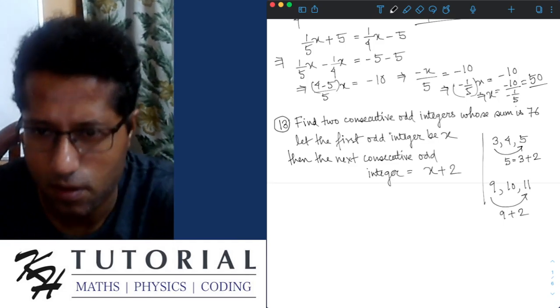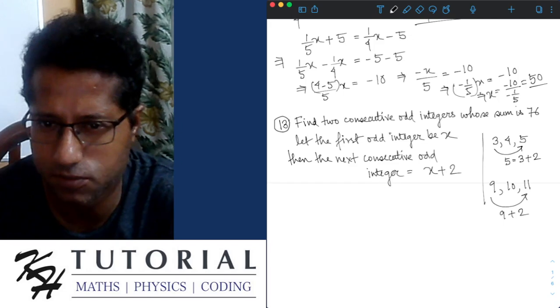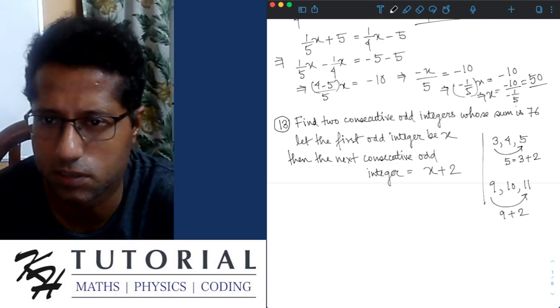So as per our assumption, x and x plus 2 are the two consecutive odd integers.